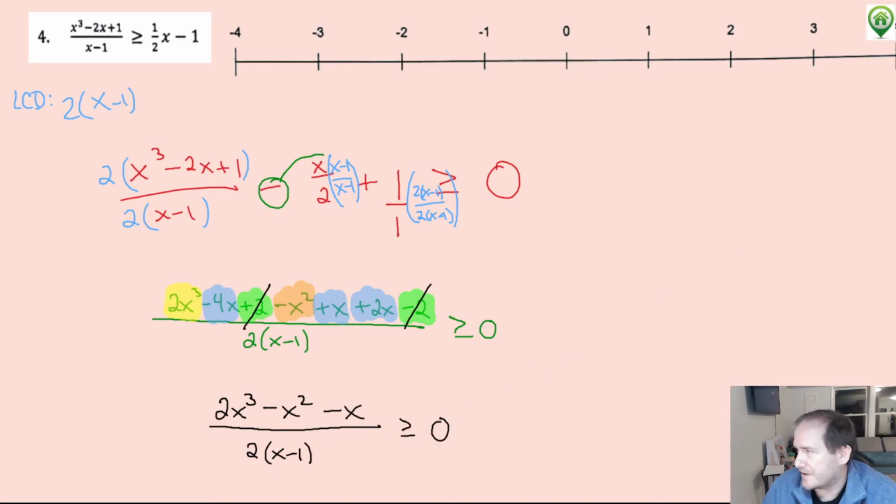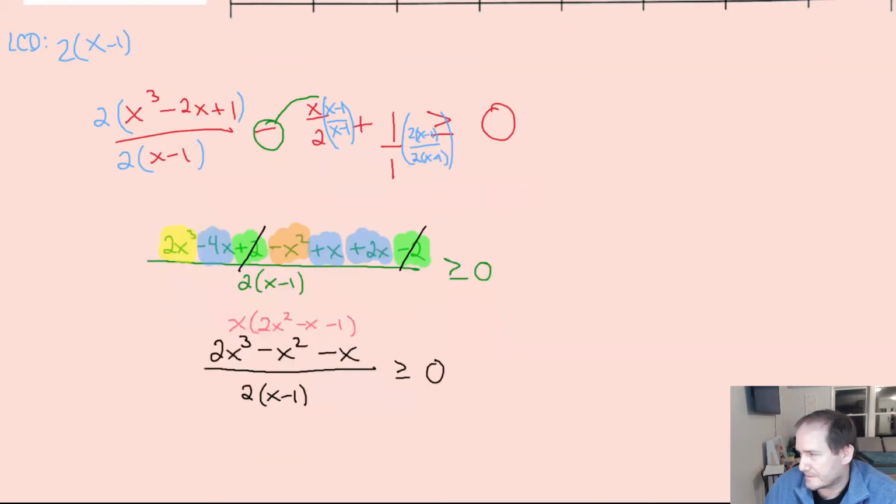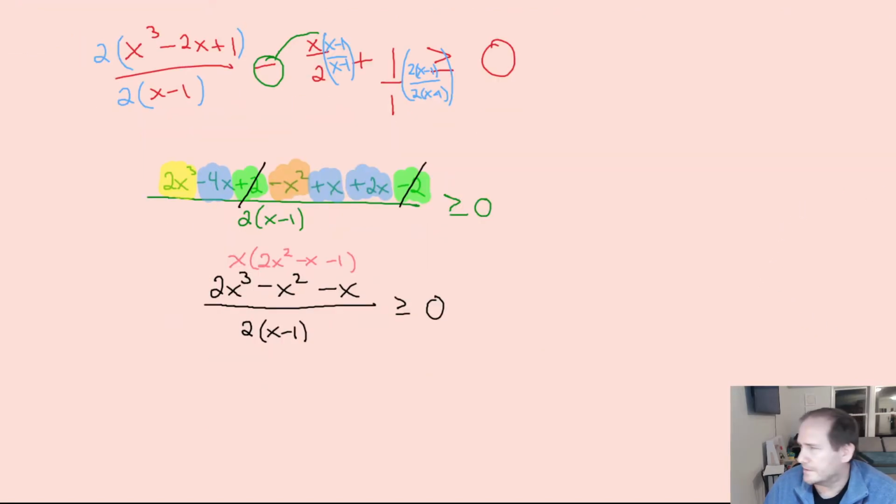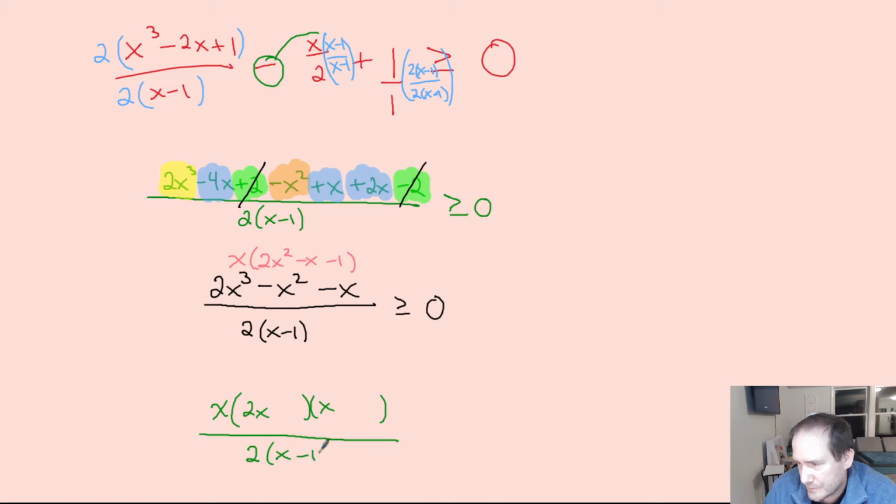Because now since the constants canceled out, we see there's a common factor of x. I can just factor out an x, and then this cubic reduces down to a quadratic. And ideally that's a factorable quadratic. And it is. So in the numerator we're going to have a factor of x and a 2x squared minus x minus 1, all over 2x minus 1.